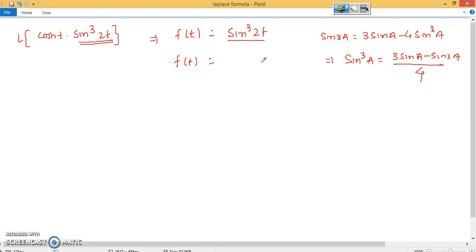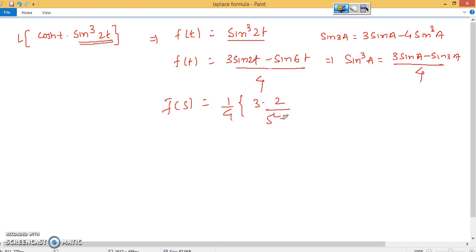So here we can write it as 3 sine of 2t minus sine of 6t by 4. So we can write the Laplace: 1 by 4 is outside, 3 into 2 by s square plus 4, minus 6 by s square plus 36.